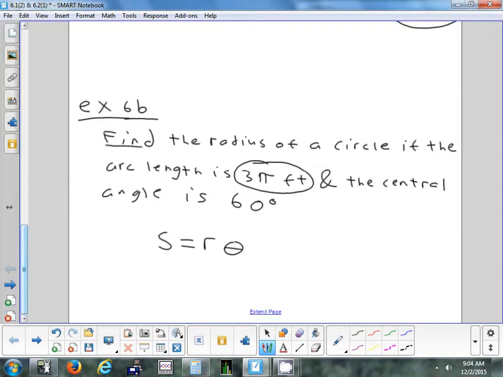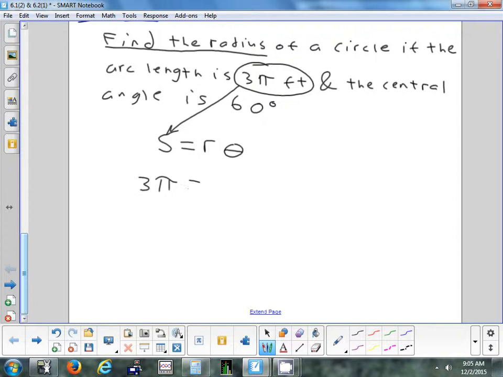No, in this one we're going to find the radius. So we don't know the radius. The arc length. Yeah, it says the arc length is 3 pi. Okay, so which letter here is my arc length? S. Okay, so I'm going to fill that in for S. R, I'm just going to leave as R. I don't know it.